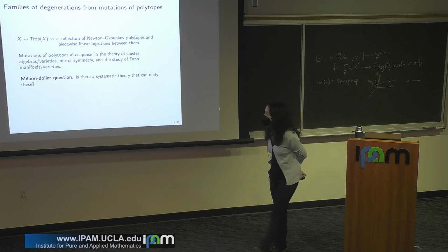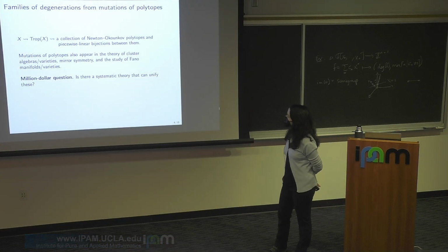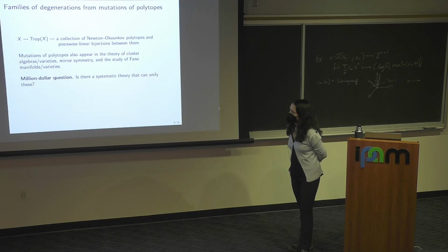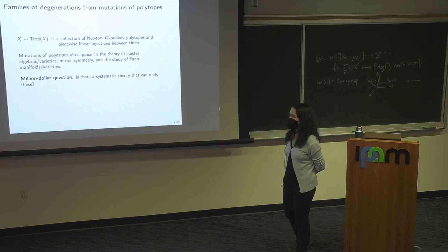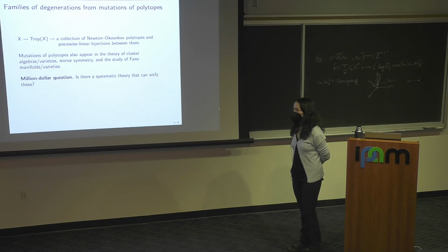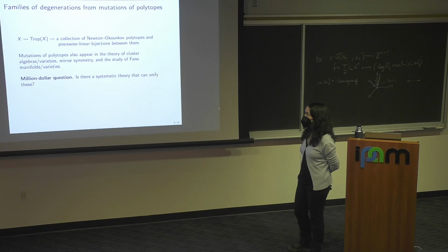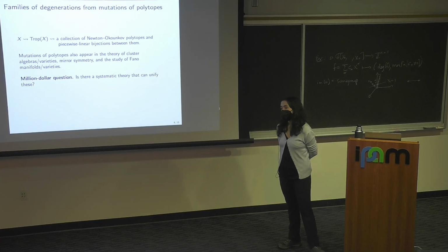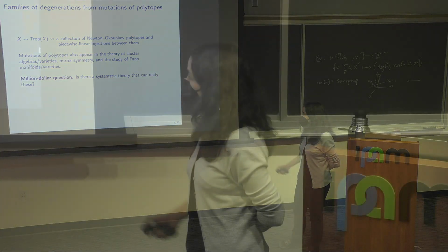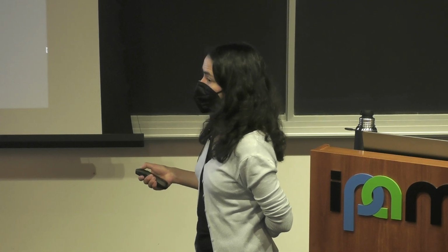This mutation of polytopes is kind of reminiscent of, say, the secondary fan when you form polytopes. Is that the kind of dream you're looking for, some sort of global picture where all the mutations would fit in? Yeah, and this is something that is very much of interest in mirror symmetry.